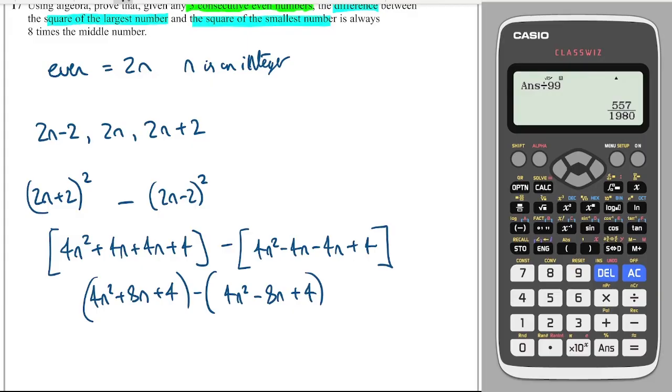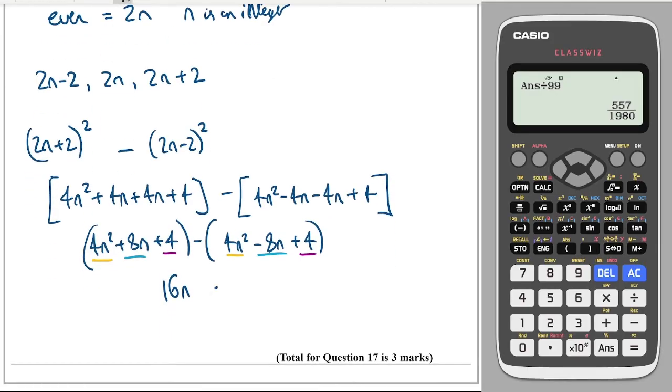And then what I do, once they're simplified, is I go through each one and I look. 4n squared minus 4n squared, well that's 0, perfect. 8n minus 8n is going to be 16n, because of the two minuses. And then finally 4 minus 4 is 0. So we get 16n, and 16n is equal to 8 times 2n, which is equal to 8 times the middle number. So we have proved what the question has asked us to prove.